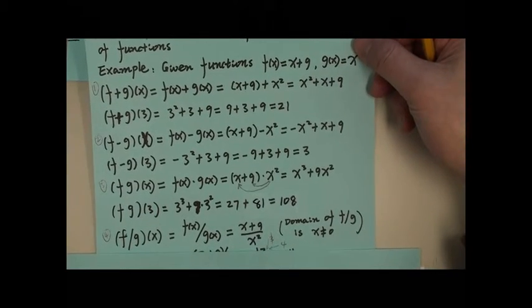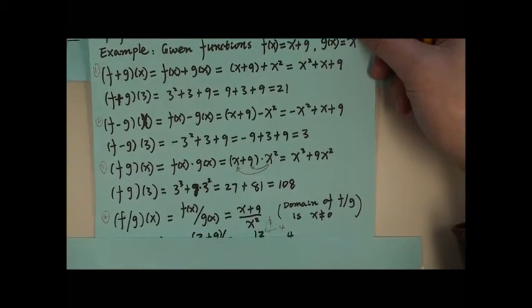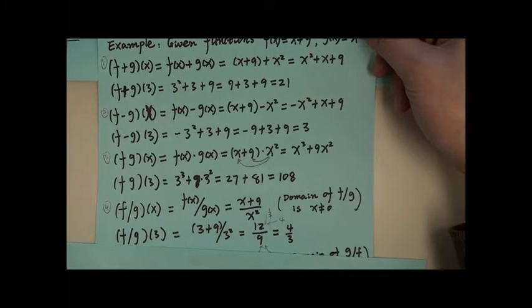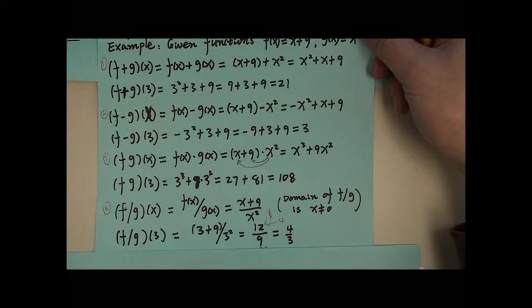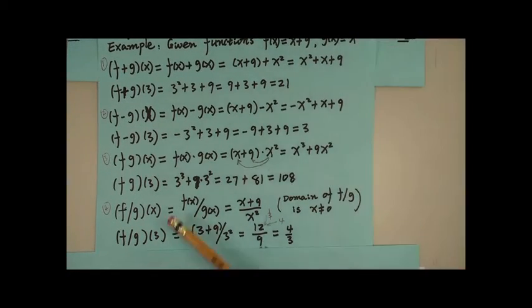Okay. Now again, we need to find the value of f divided by g of x when x is 3. Replace x with 3. There was a line here, so you leave it. And then x replaced with 3 squared. Remember, x plus 9 is the whole quantity, so you want to do this one first.